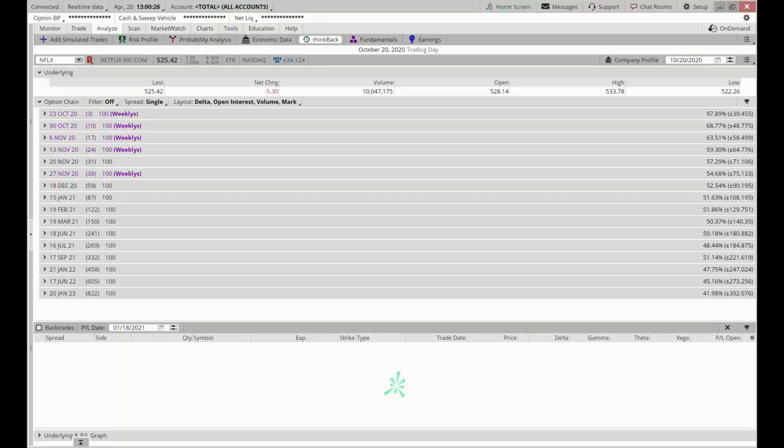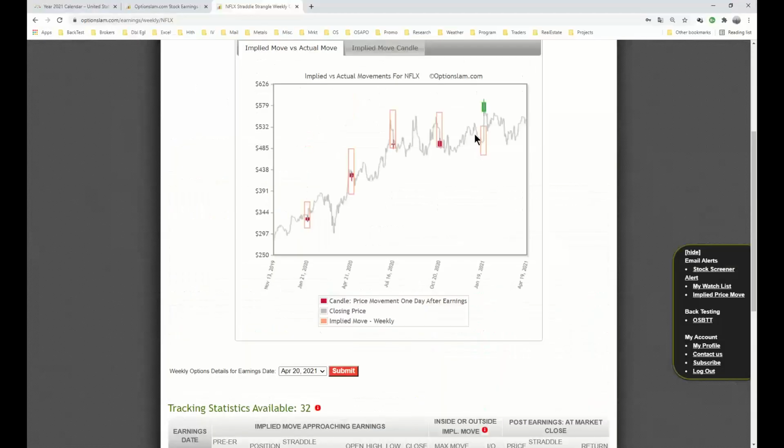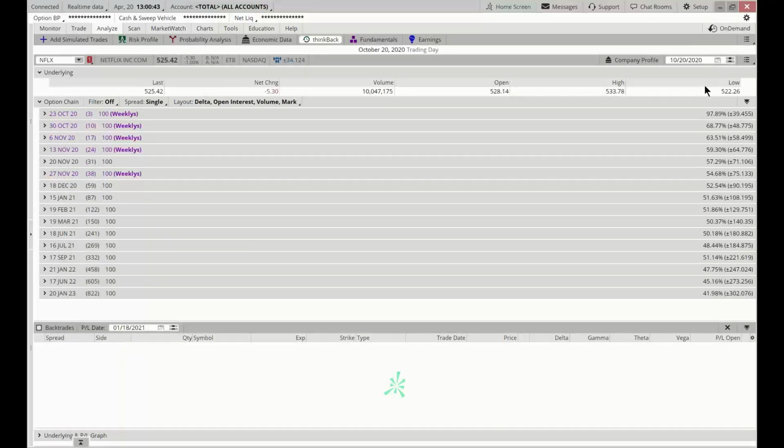If you'll remember, the data from Option Slam showed us a chart where this earnings event, the actual one-day move was right to the implied move, but it was not outside of it. It was within the implied move. So let's see what happens to IV crush from a 98 one day down to 42.